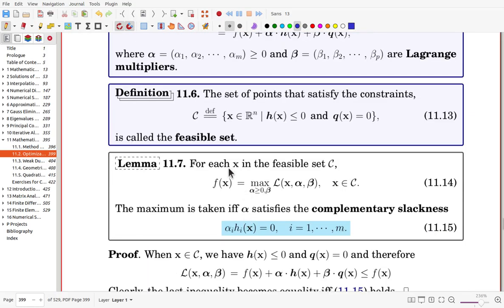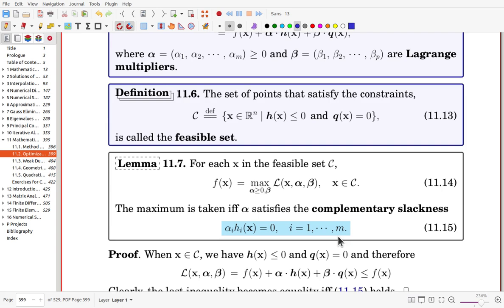For each point x in the feasible set, which means that these two conditions are satisfied, assume we choose x. Then f of x is the same as the maximum of the Lagrangian over the multipliers, and this equality happens when alpha i times h i is 0 for every i.